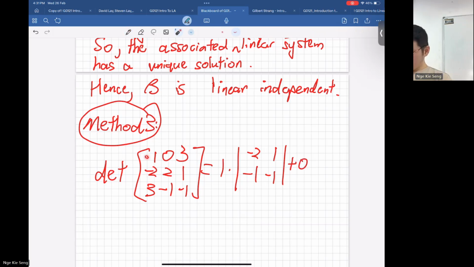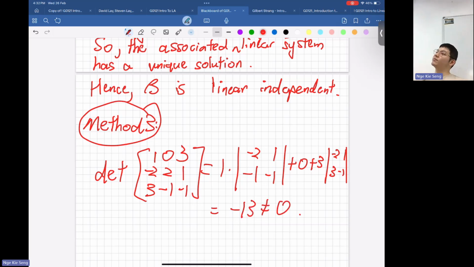And then first row, third column, we have 3 times the minor with -2, 1, 3, -1. But remember the signature here is plus, minus, plus. So in the end, what do you get? Anyone computed? -13, good. So this is non-zero.